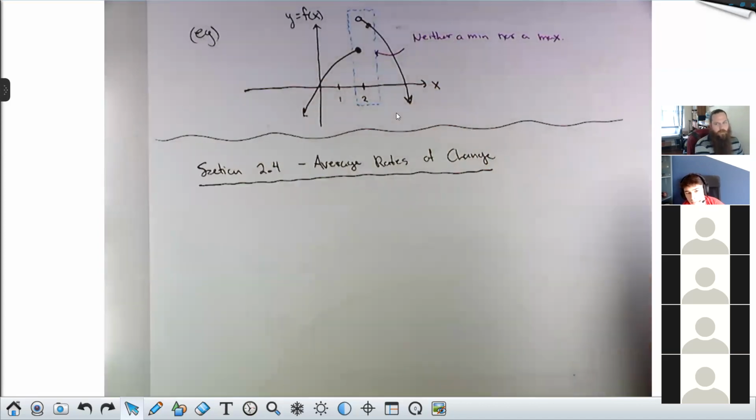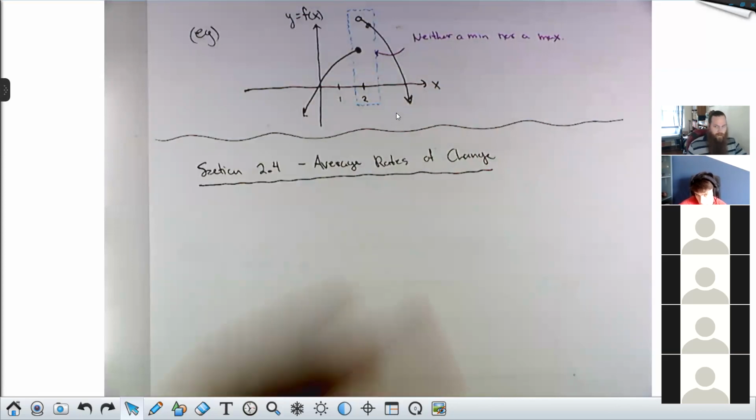If you've had any exposure to the concepts of calculus, you know calculus is all about rates of change, especially Calc 1, all about rates of change. That's the whole game. And the way you get the types of rates of change we talk about in calculus is by looking at limits of average rates of change. So the thing to do here is to give you a definition.